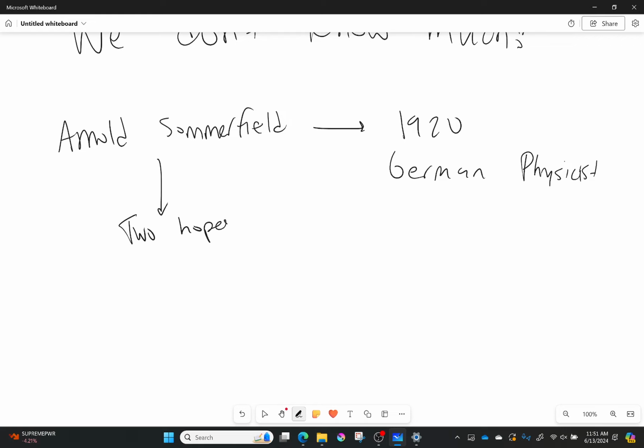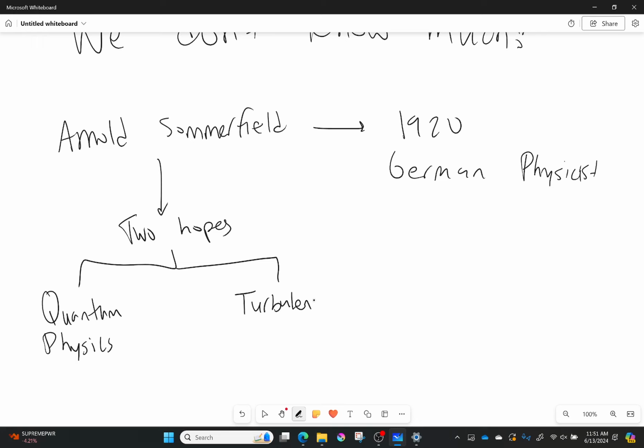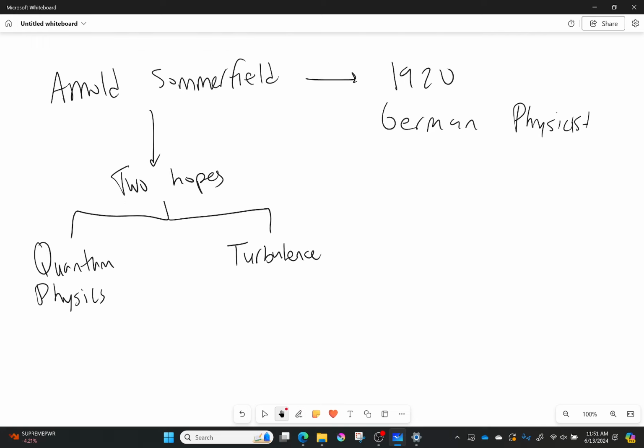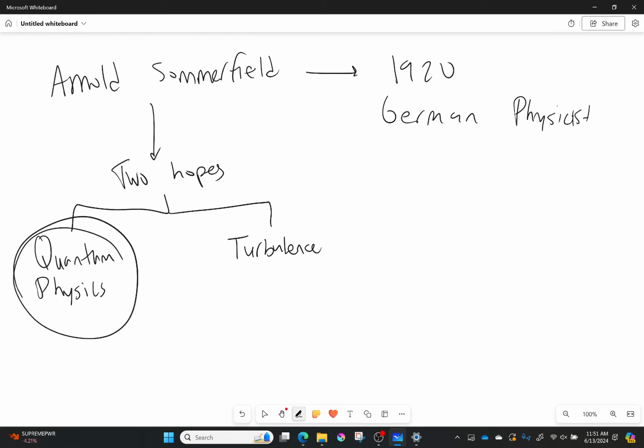One, to understand the quantum realm, what is quantum physics, and two, to understand turbulence. By the time he died, we had gotten really close on quantum physics. We weren't completely there yet, but we're closer. Turbulence, not a chance.